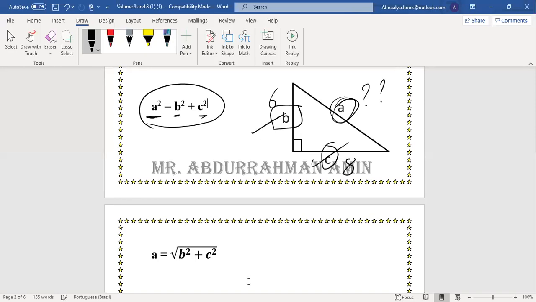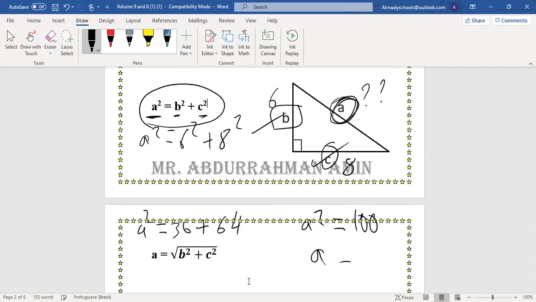It will be A squared equals 6 squared plus 8 squared. 6 squared equals 36, and 8 squared equals 64. So A squared equals 36 plus 64 equals 100. Then A equals the square root of 100, then A equals 10 centimeters.